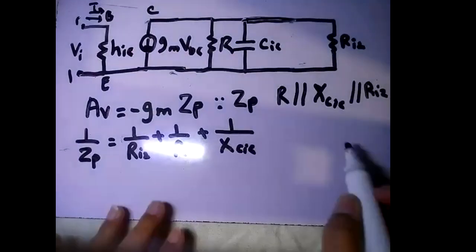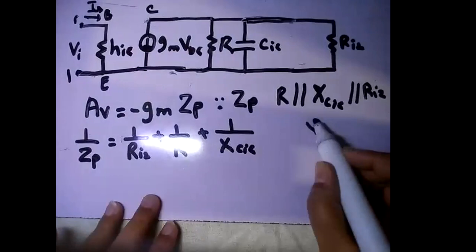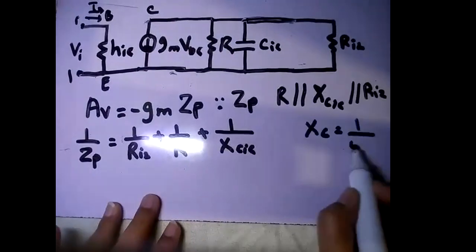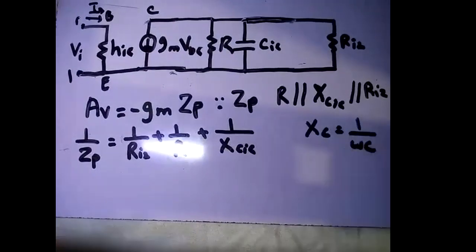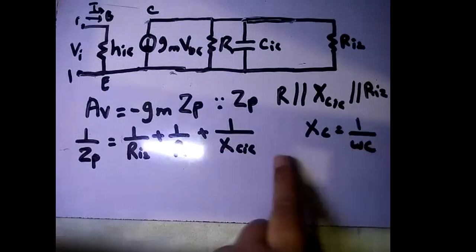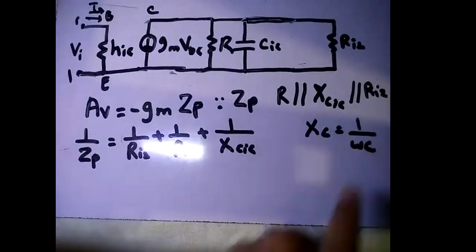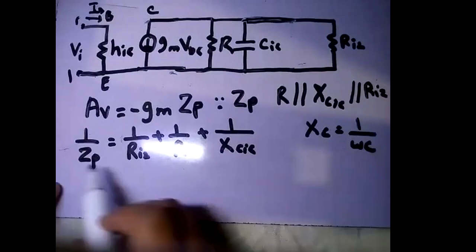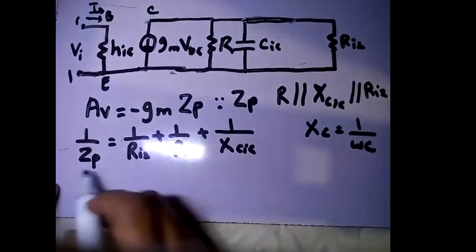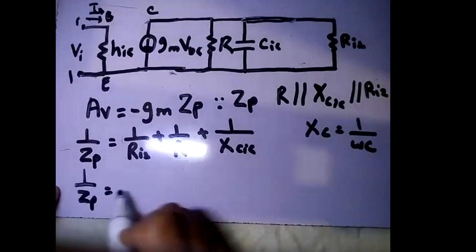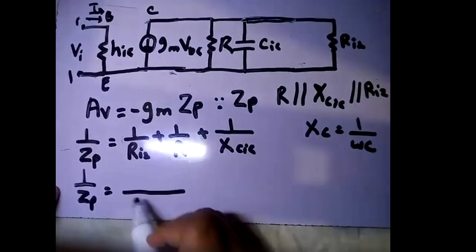So as you know that the reactance of any capacitor is equal to 1 over omega C. So we can replace that with 1 over omega CIE. From here, first of all, I'm taking LCM for these two.